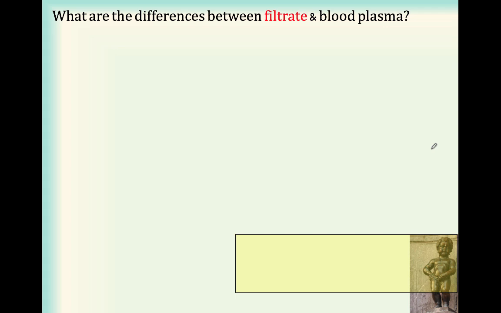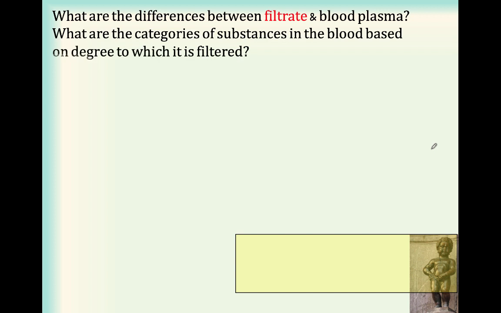What are the differences between filtrate and blood plasma? The major difference is the absence of big proteins in the filtrate, and that would be true. We've got different categories of substances in the blood based on how easily they can move across.